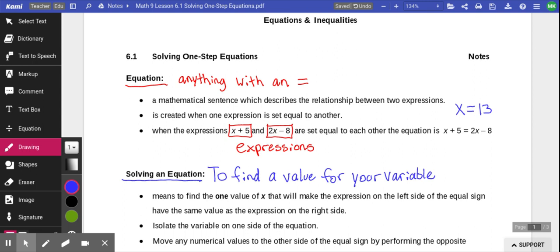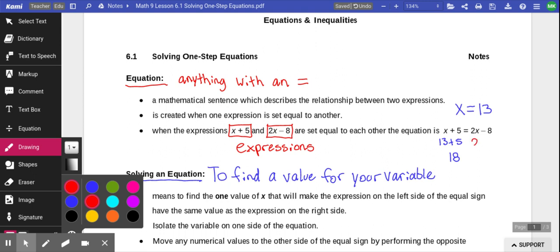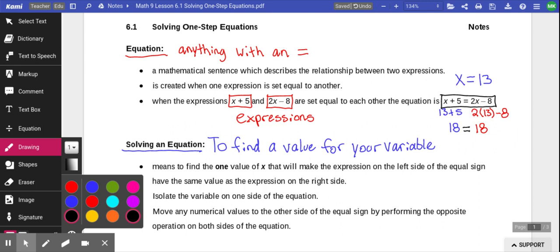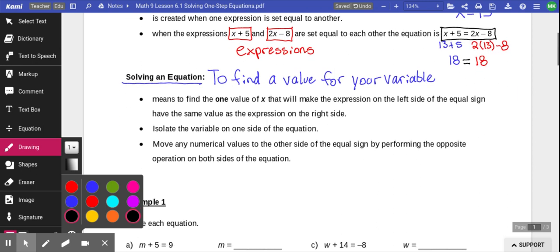So if we pretend this is 13 now, 13 plus 5 is equal to 18. And if you were to try the other side, 2 times 13 minus 8 is equal to 18. And what we did was we found a value of x that made this actually true, where both sides really are equal to each other. So that's what we're going to do today. We're going to find values of x that make equations true.